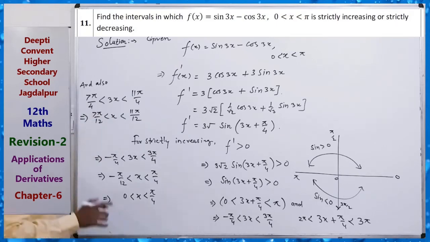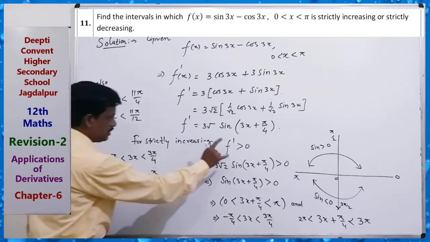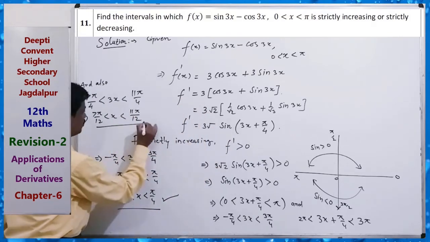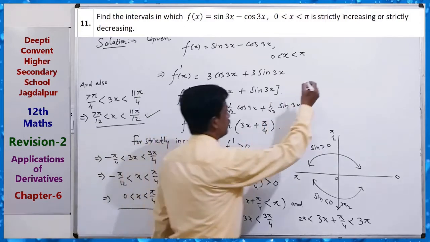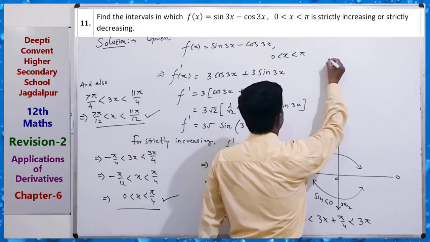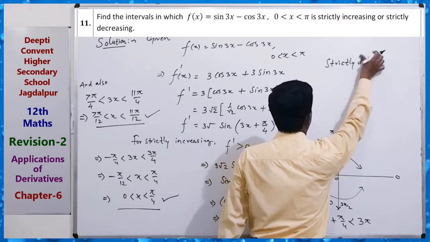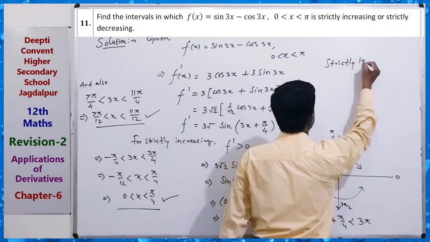So we get two intervals for increasing. One interval is this and another interval is this. So strictly increasing.